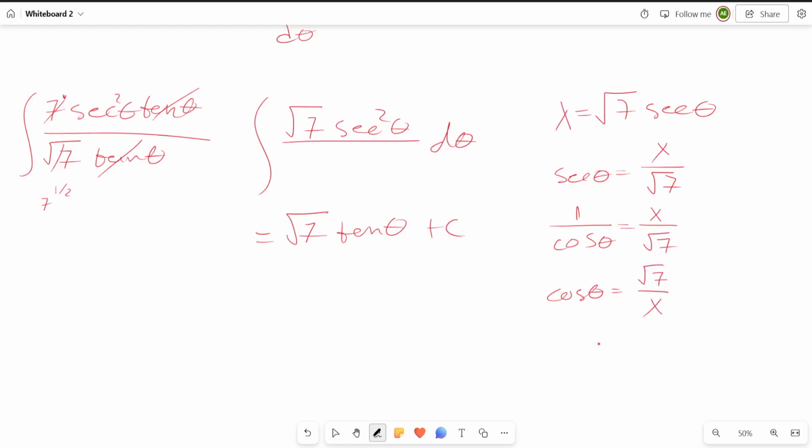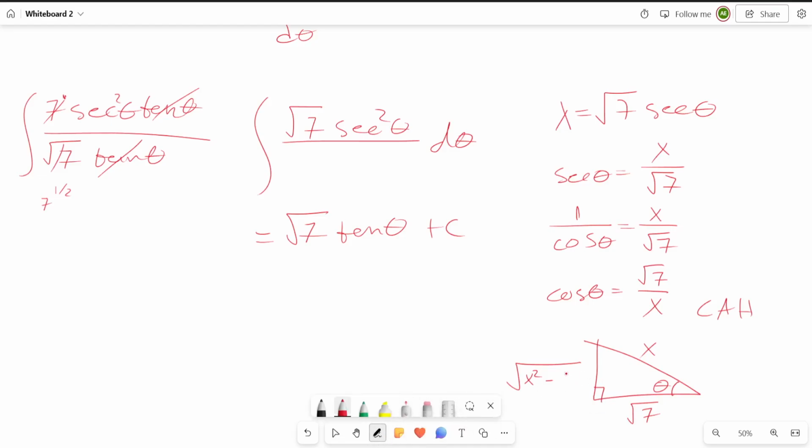And now let's do our right angle triangle, making this angle theta. I know from SOHCAHTOA, CAH means adjacent over hypotenuse. So the adjacent is root 7, hypotenuse is x. Using Pythagoras, this side is the square root of x squared minus root 7 squared, which is x squared minus 7. Okay, now I'm ready to substitute this tan. From TOA, tan equals opposite over adjacent.